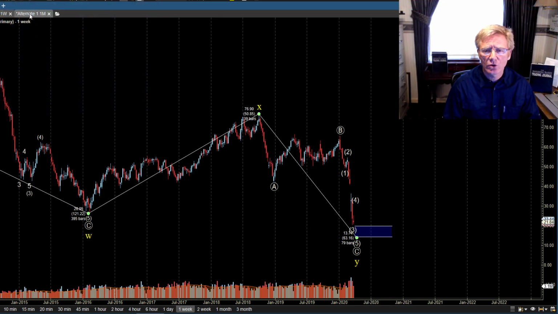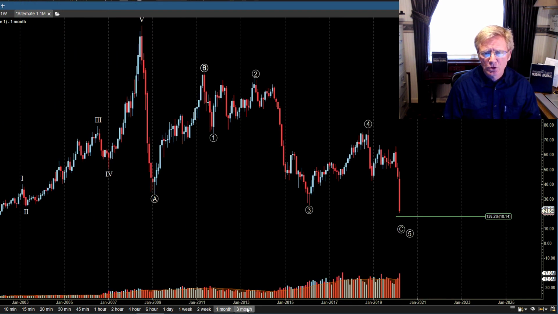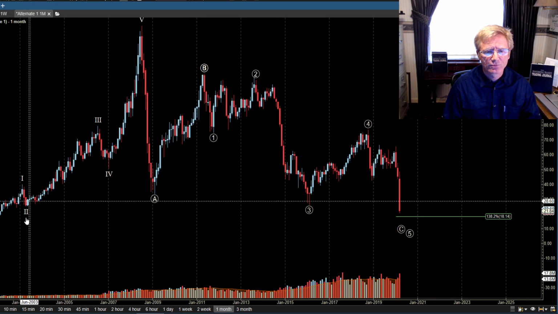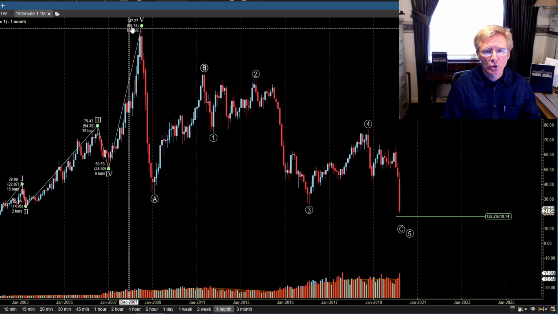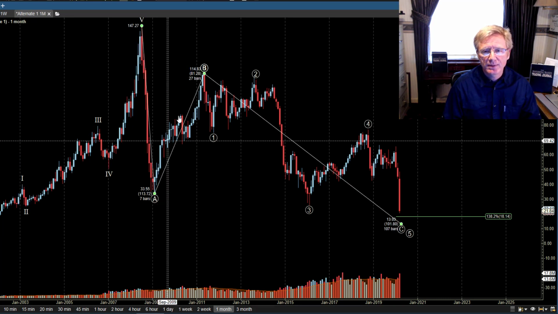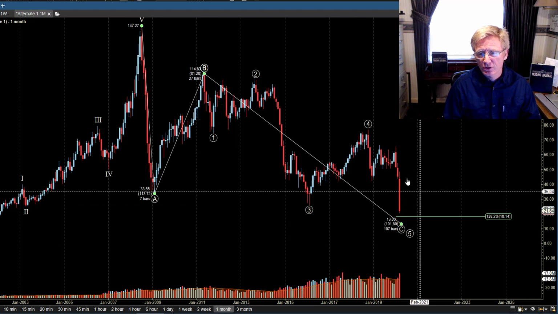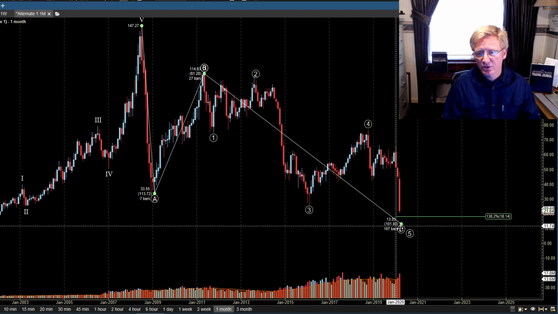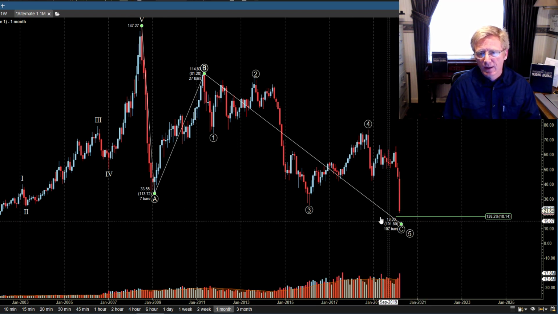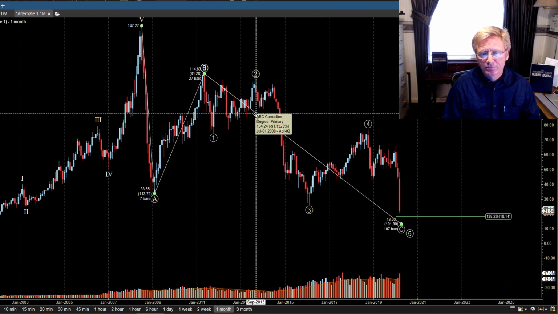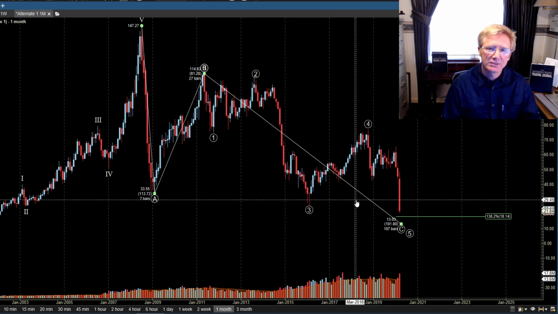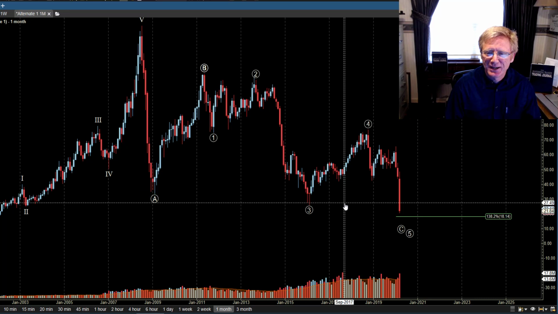Let's take a look at the alternate count. So the alternate count, we have the 5 waves up for the motive wave. We have a large ABC here. And as you can see, we're heading right down to this C wave. In this particular count, you become creative.